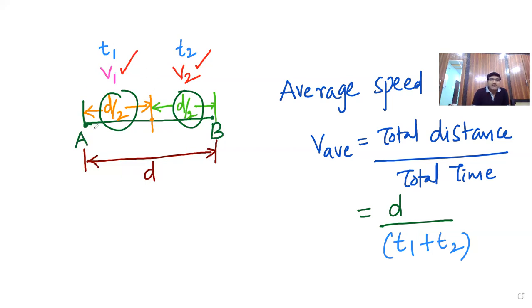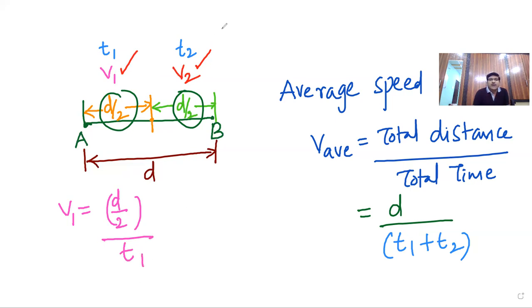Let us apply it to the first part: D by 2 distance at V1 speed, T1 time. To the first part, I am applying the speed formula. What is the speed formula? Speed is equal to distance by time. In the first part, the distance is D by 2, the speed is V1, and the time is T1.